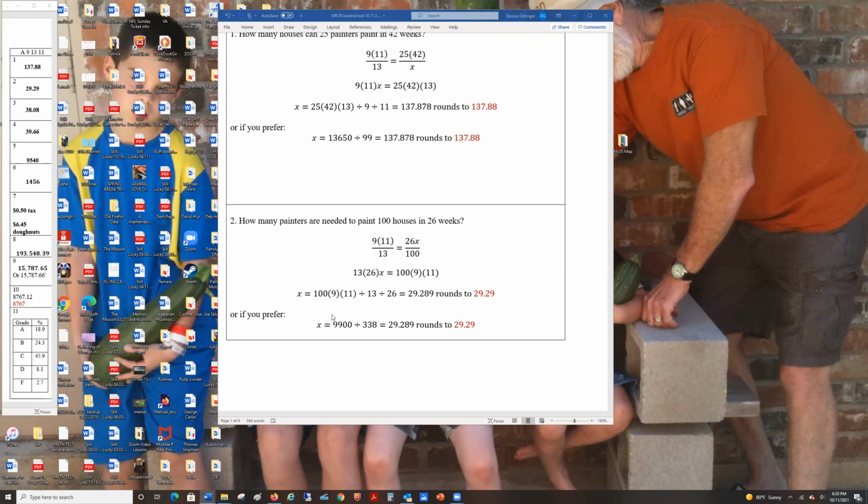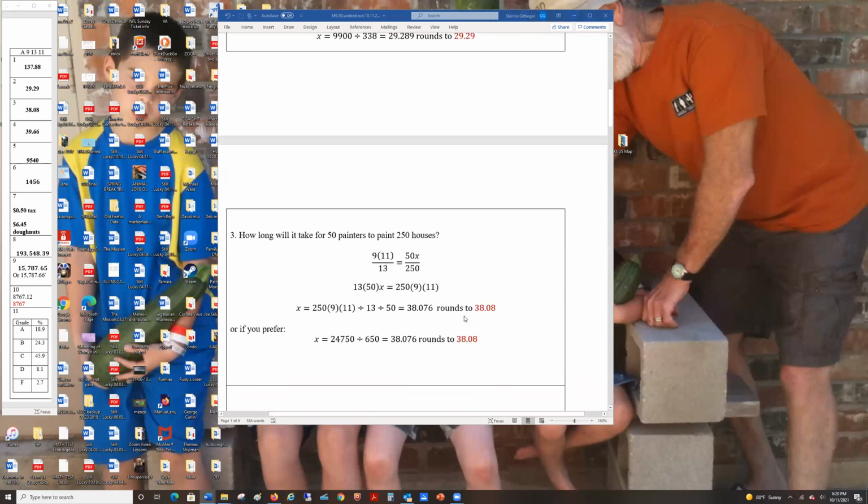Or we can multiply all these out instead and divide 9,900 by 338, which is what 13 times 26 is. Either way, you get the same answer. And notice 2 digits to the right of the point. We write out 3 digits to see if that third digit is big enough to bump up the second digit, and it has been the case so far.